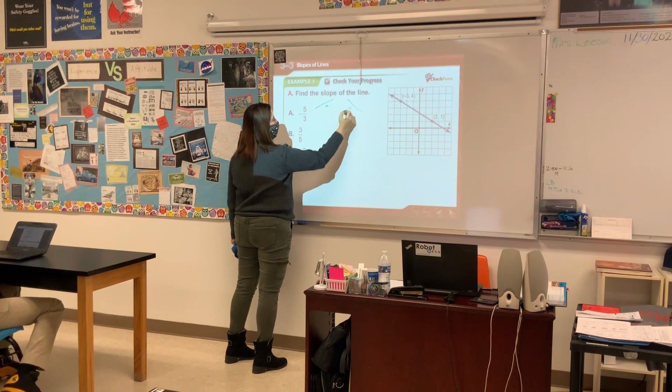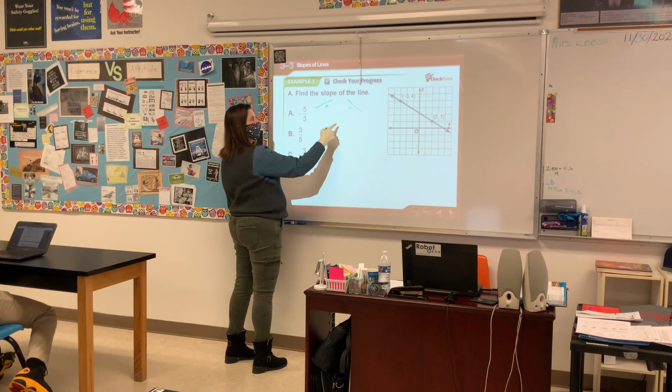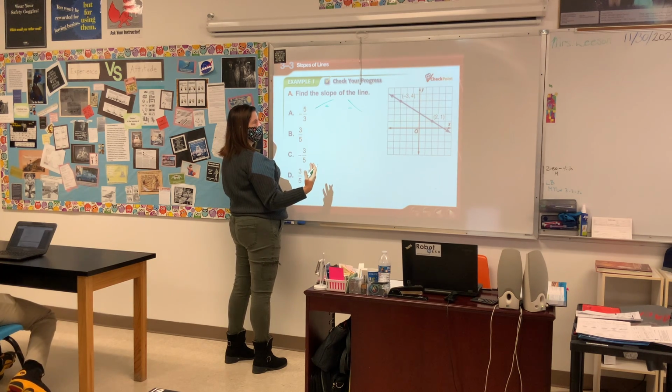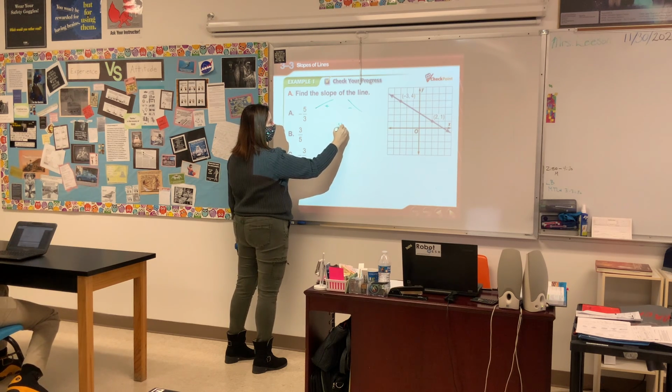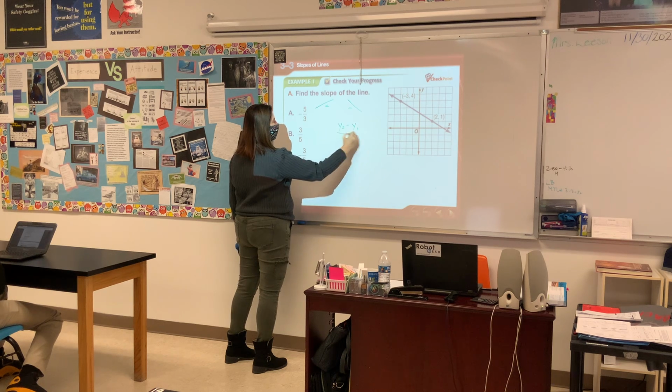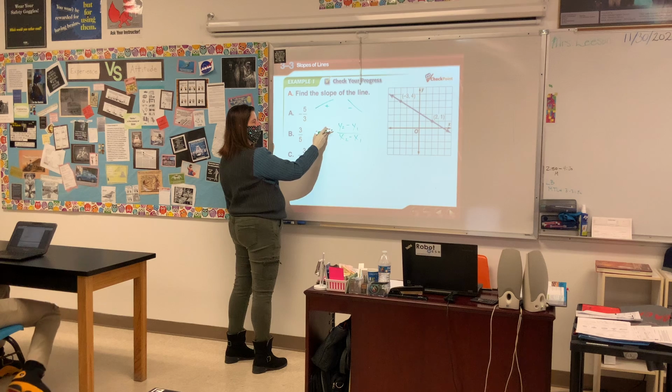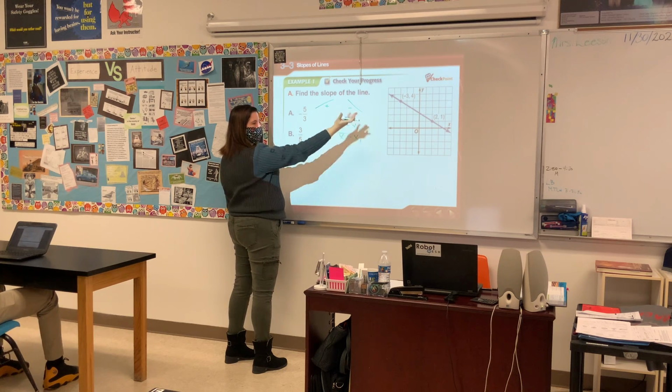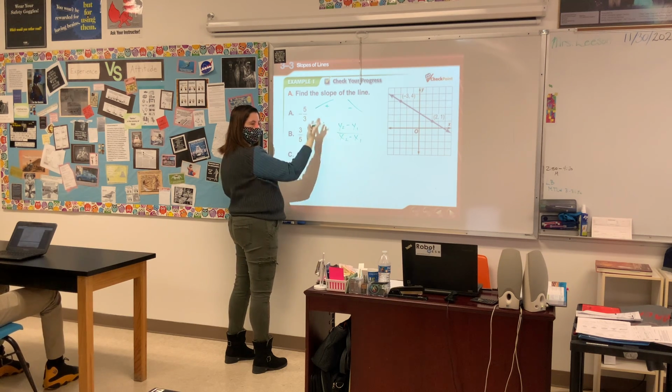If it's this way, it's negative. But you also got to look at it this way where no matter what, you're always doing y2, y1, x2, x1. And if you end up with a negative slope, you'll know directly from the numbers.